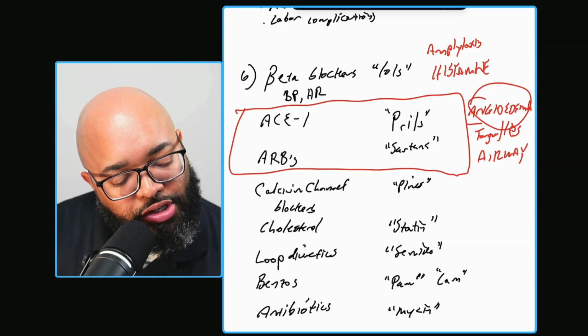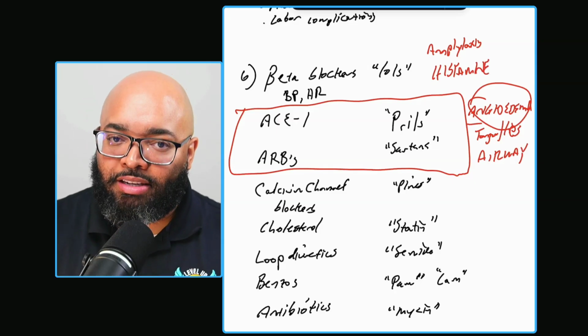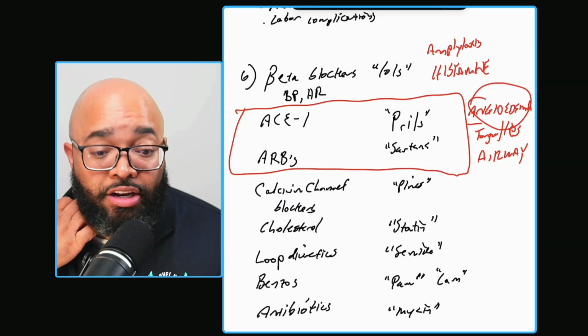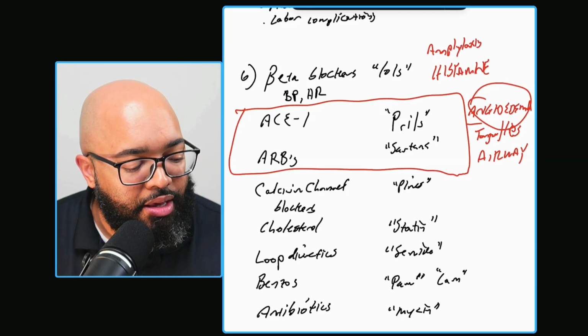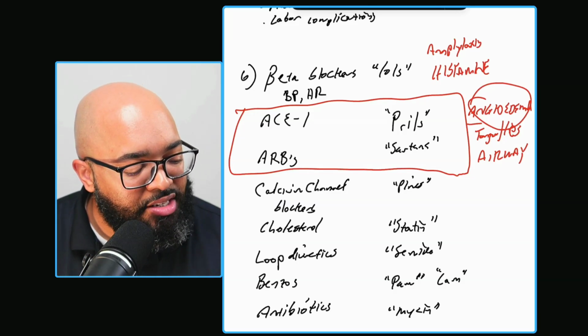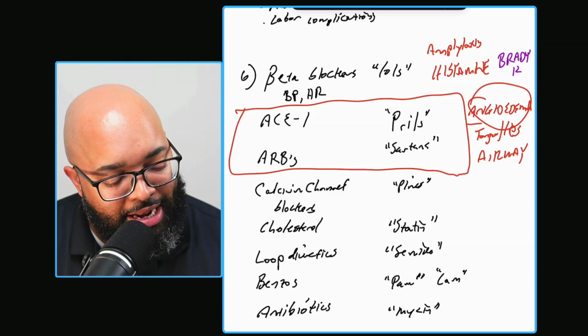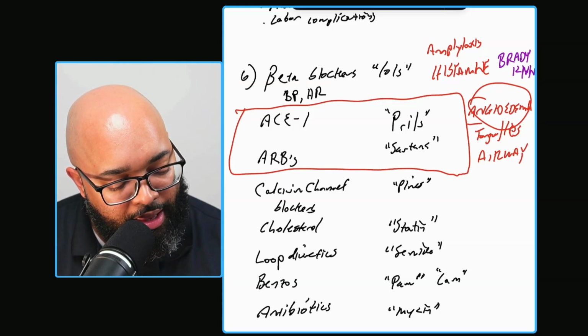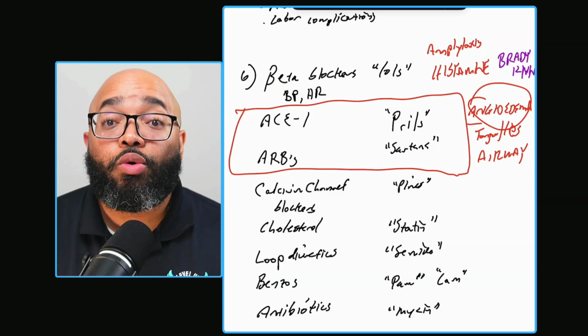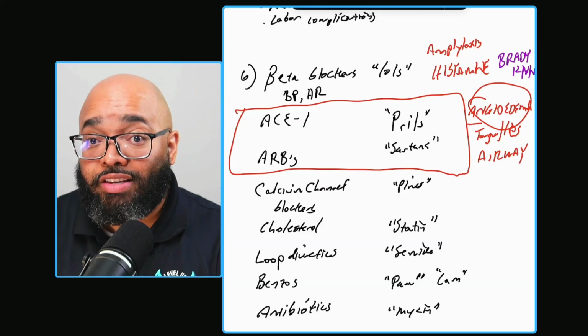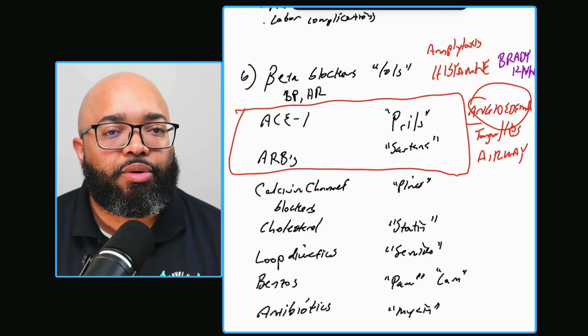That's why we use a drug like an antihistamine, diphenhydramine or Benadryl. But in ACE inhibitor-induced angioedema, the main problem is not histamine, it's bradykinin. So your regular treatments that you would normally use for anaphylaxis don't work in this case because it's caused by a different problem.